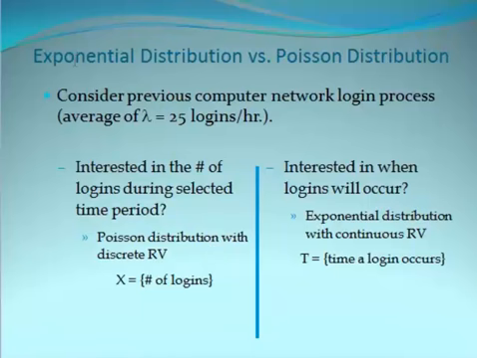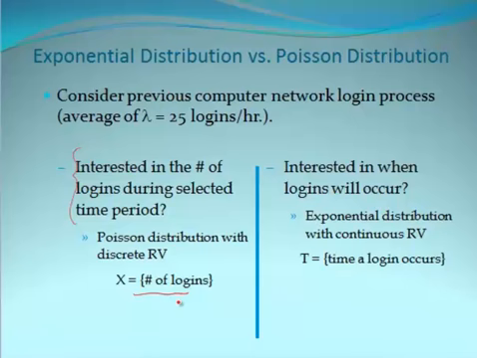So again, exponential distribution versus Poisson. Consider the previous network logon process that we had. If we have a Poisson distribution with a discrete random variable, what we're interested in is the number of logons during the selected time period.